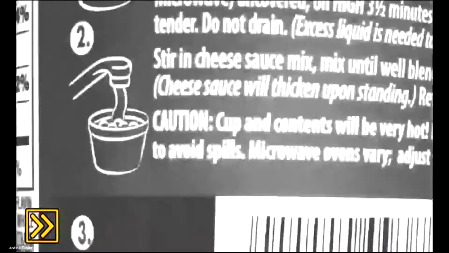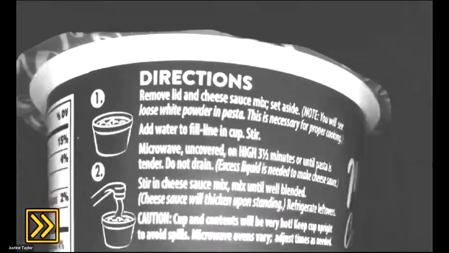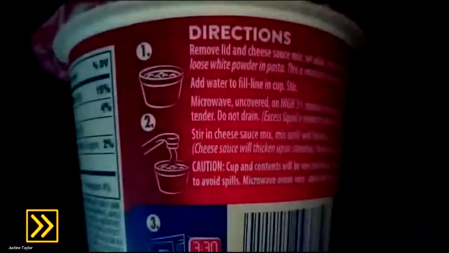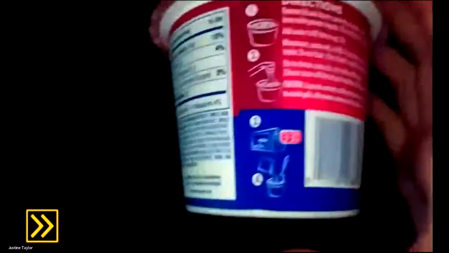So it gives you a good way to take your capture. So I don't need that now. I know I can just pop this in the microwave for 3.5 minutes. So I'm just going to hit my button and it says return to live view. So now I'm back with my camera ready to go for another capture.